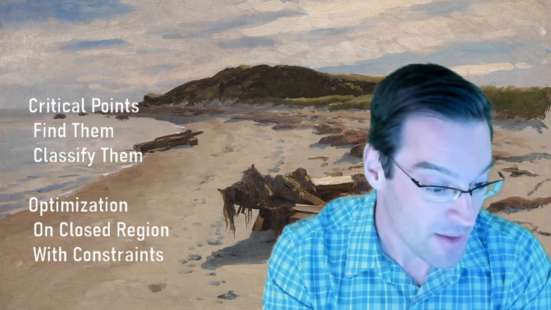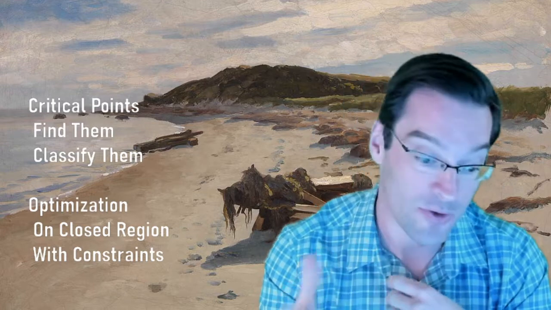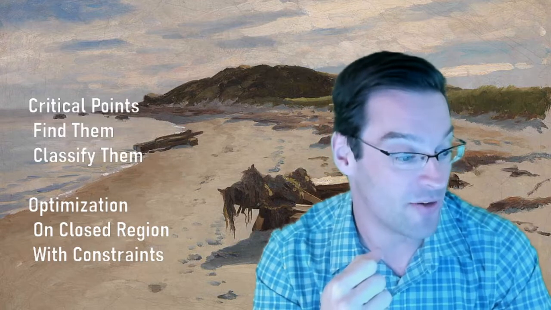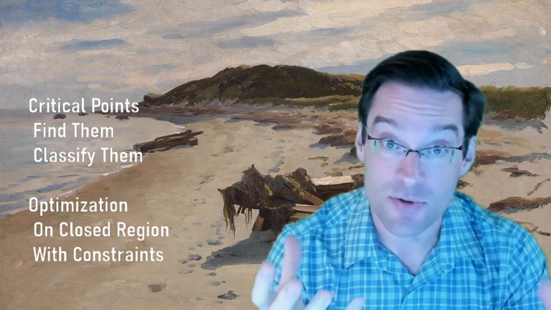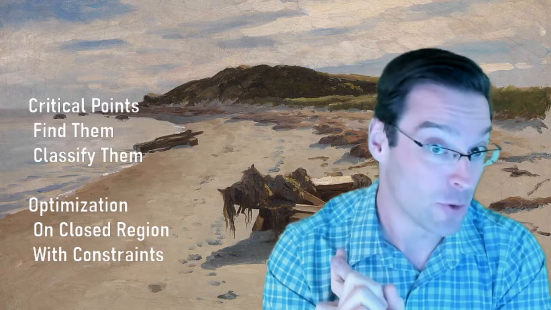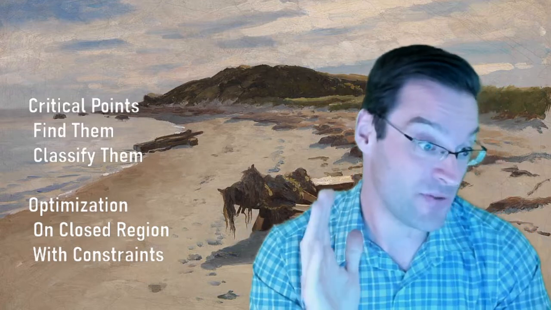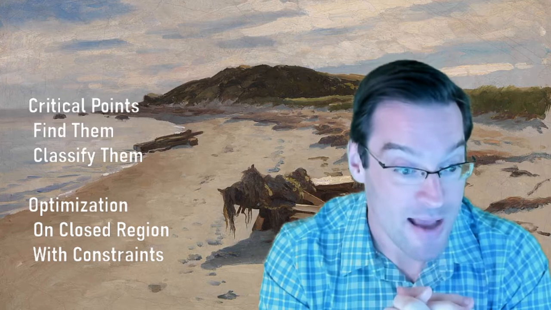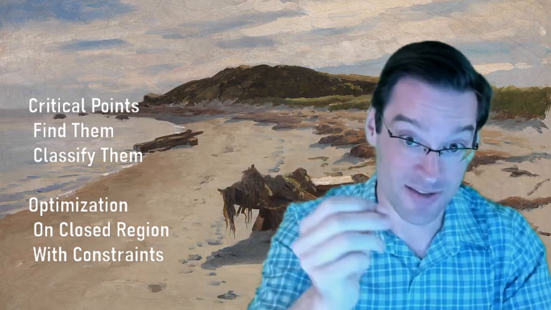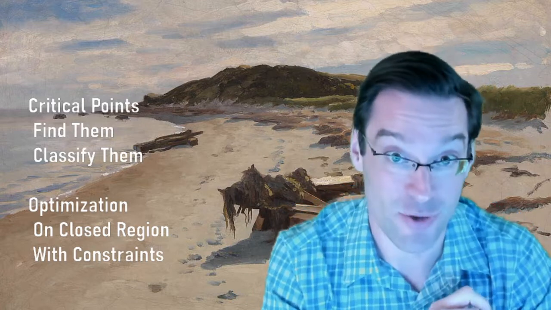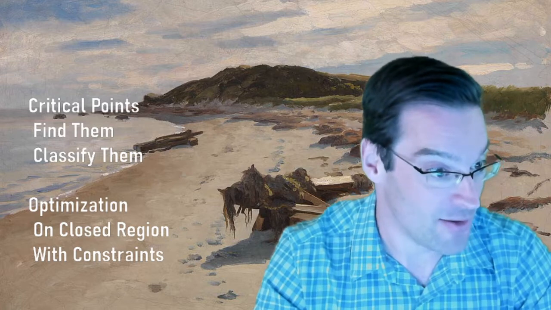Maybe for example, if I'm trying to decide how much of my budget to allocate towards labor and how much of my budget to allocate towards physical expenses or something like that, then I don't get to freely choose those two things because they have to add up together to give me my total budget. And so I have a constraint that might look something like x plus y equals 1,500 or something like that. And so that defines not even a region within the XY plane, but actually just a single curve within the XY plane on which we have to do our optimization. And so that process of constrained optimization is sort of the third step.